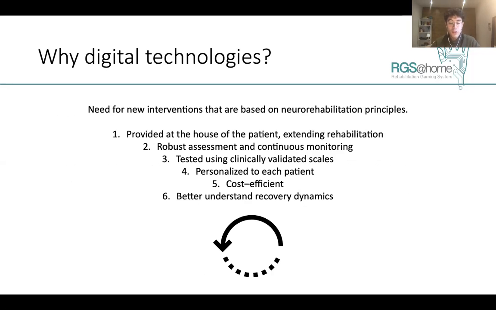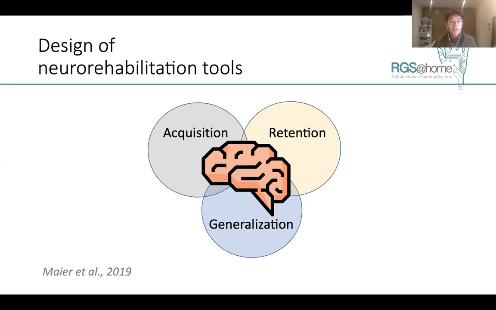Then we can also correlate this with clinical skills that we will see in other presentation, being tested using these validated scales. Then these treatments or these interventions can be personalized to each patient. They should be cost efficient so that they can be delivered to everybody, and then they can provide a better understanding on recovery dynamics. So technology per se is not useful if it's not based on evidence.